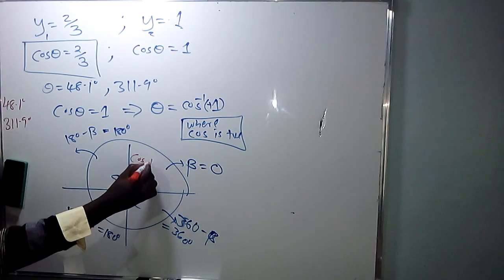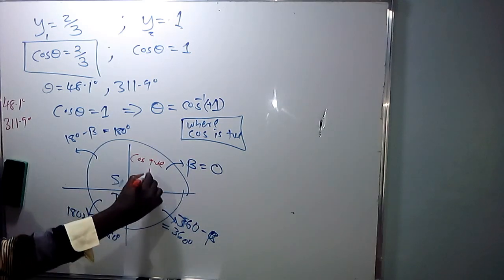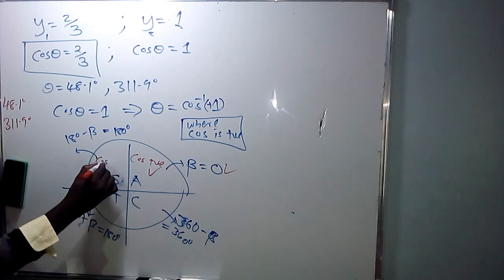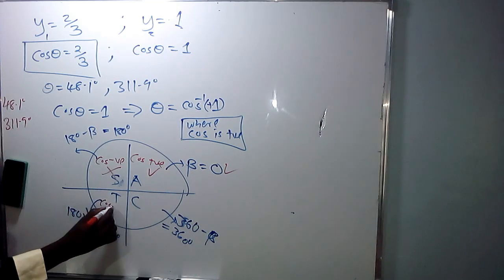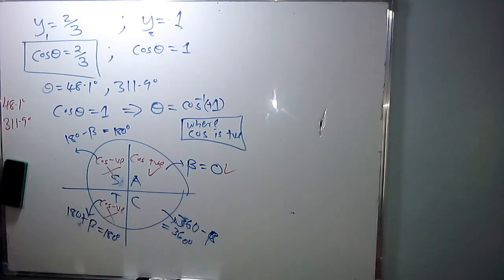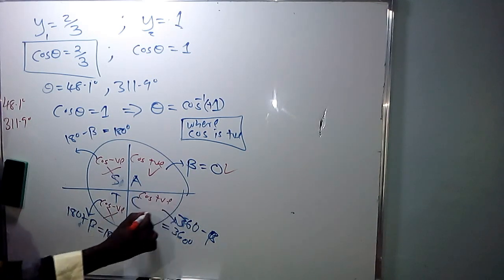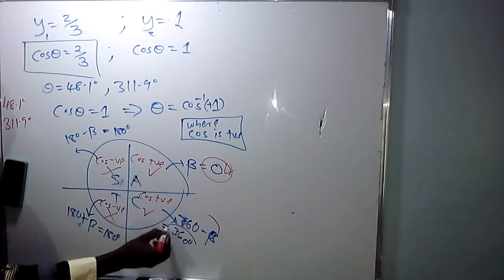In the first quadrant, all are positive, meaning we need 0 degrees. In the second quadrant only sine is positive, so cos is negative and we don't need that. In the third quadrant only tan is positive, so cosine is negative there. In the last quadrant only cos is positive, so we need that angle. So the second solutions of theta are 0 and 360.